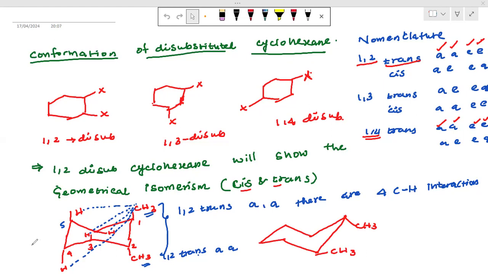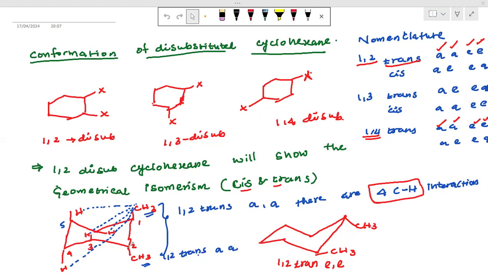Now at this place there is no carbon hydrogen axial interaction, nothing at all. Finally, what we concluded: trans dimethyl with both equatorial is more stable.